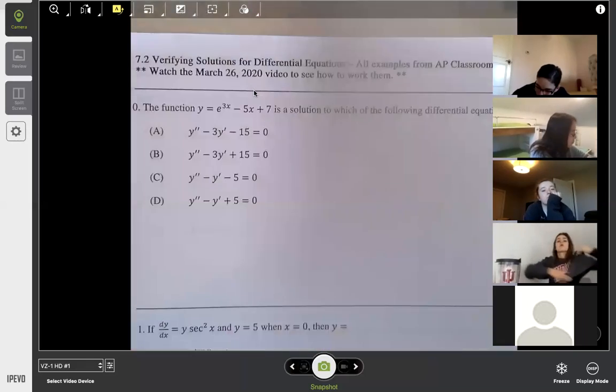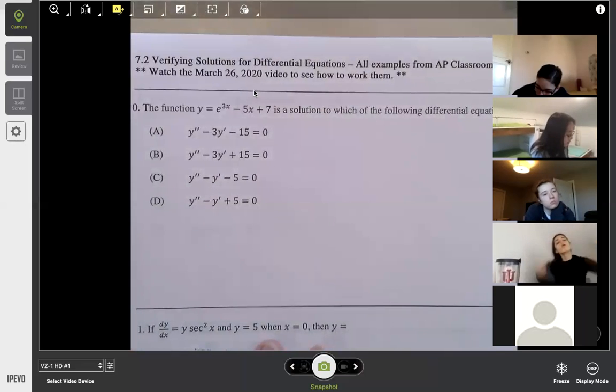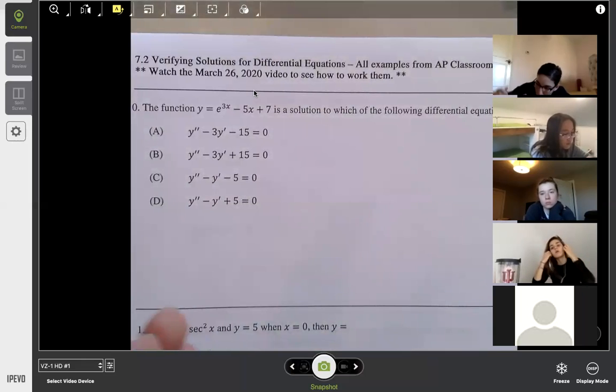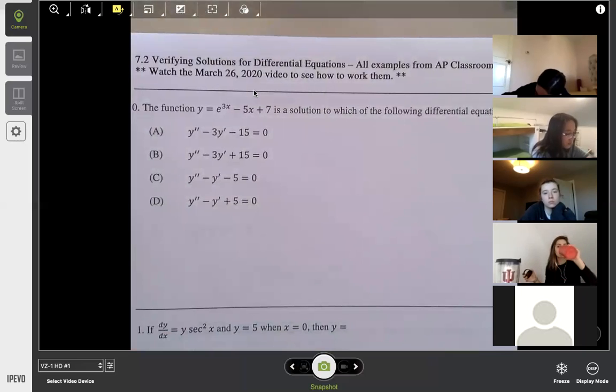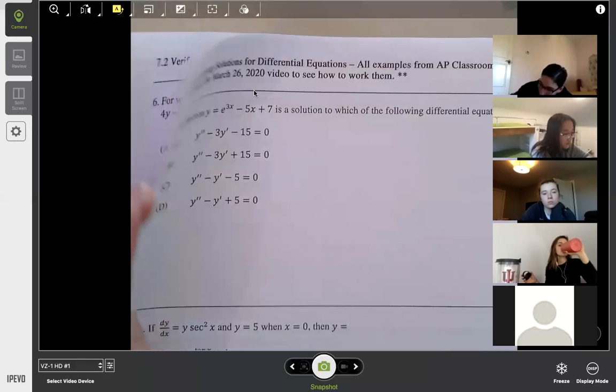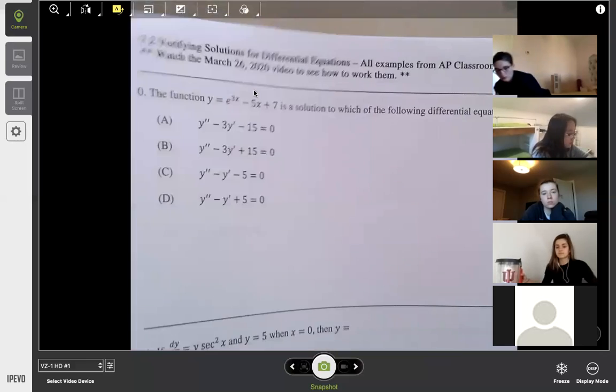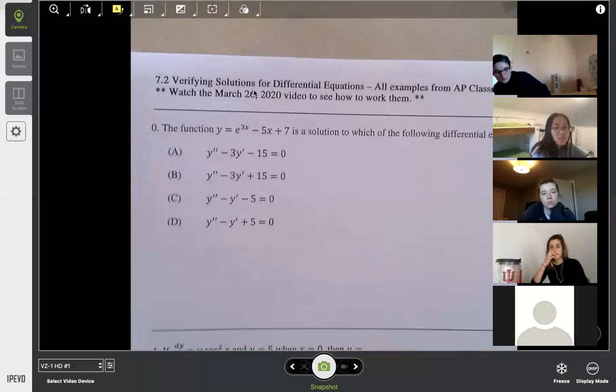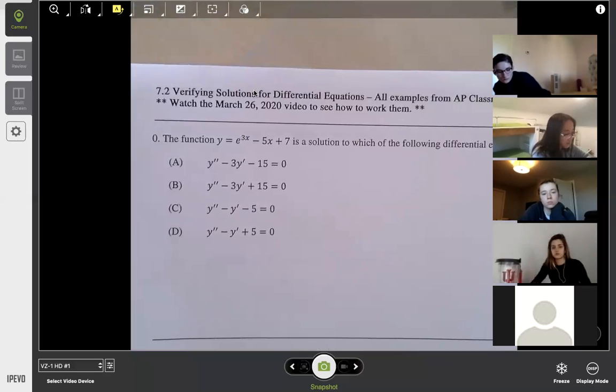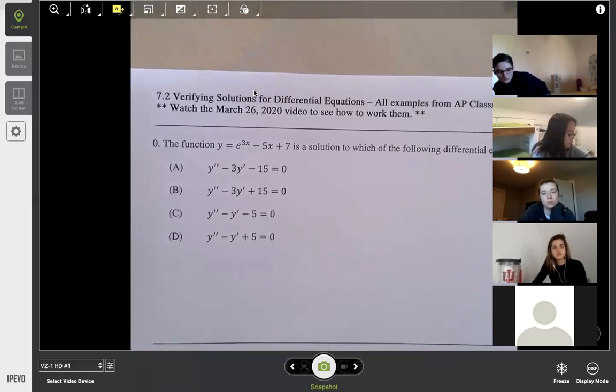The College Board is having two teachers do weekly lessons, and their second lesson was on verifying solutions, and they put together these problems from the AP classroom. So I think they're worth doing. I thought we'd do a couple together, and I'm going to ask you to do the rest as part of your homework.